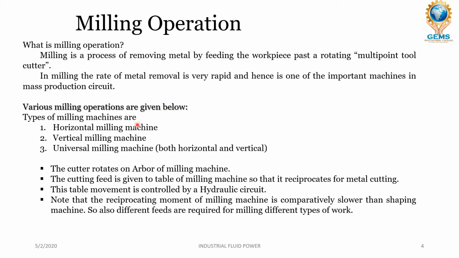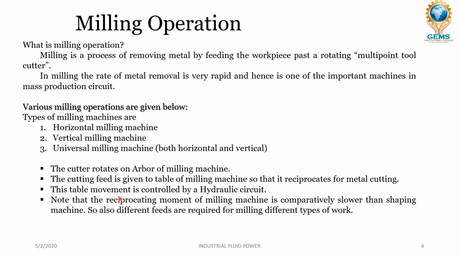Types of milling machines are the horizontal milling machine, vertical milling machine, and universal milling machine, which is a combination of both horizontal and vertical. Here the cutter rotates on the arbor of the milling machine. The cutting feed is given to the table of the milling machine so that it reciprocates for metal cutting.